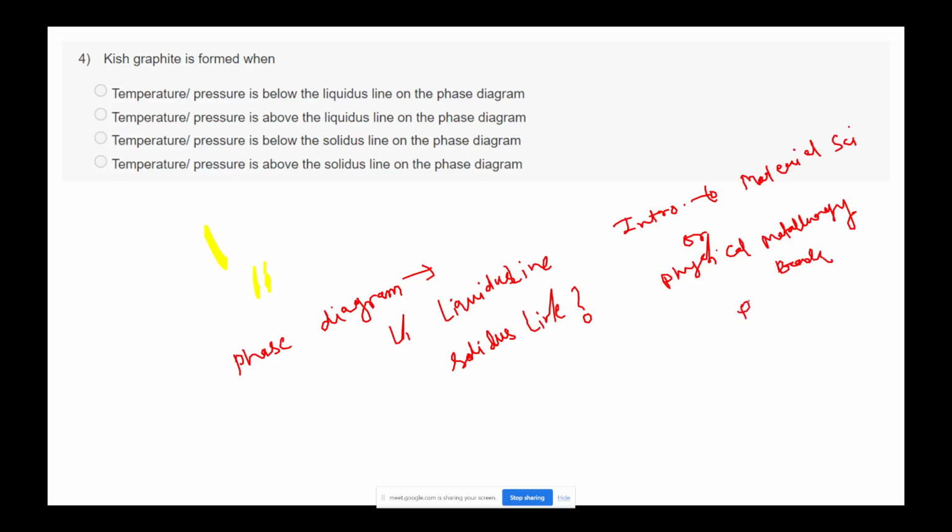There you can easily find what a phase diagram is, the reason behind forming it, what it gives, what the advantage is, what the solidus line and liquidus line are, and what kind of phases form when you go above or below the liquidus or solidus line.